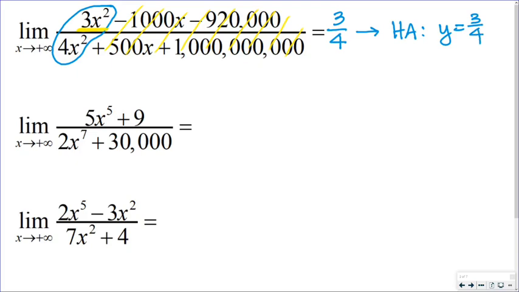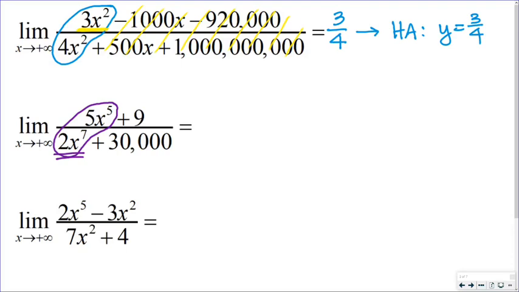In the second example, the highest power of x in the numerator is x to the 5th, and the highest power of x in the denominator is x to the 7th. The power is greater in the denominator, which means the denominator is growing much faster than the numerator.